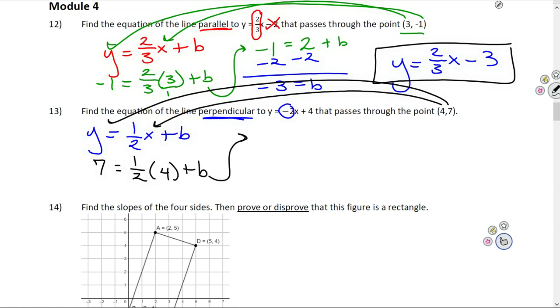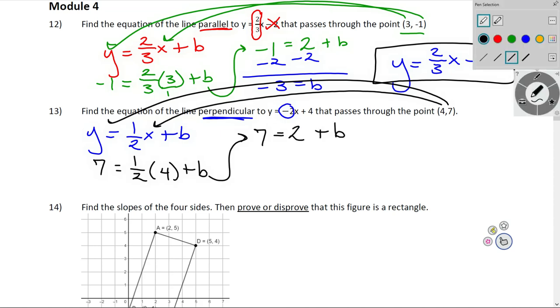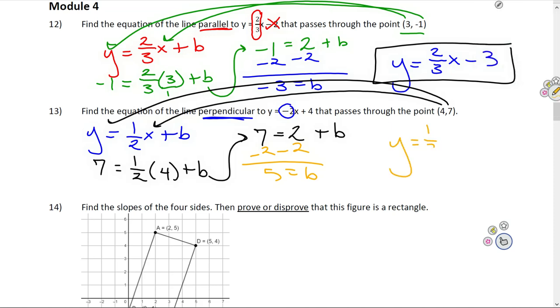So I have 7 equals 2 plus b. If I subtract 2 from both sides, then 5 is equal to b. Plugging that back into the 1/2 x equation, you get y equals 1/2 x plus 5.